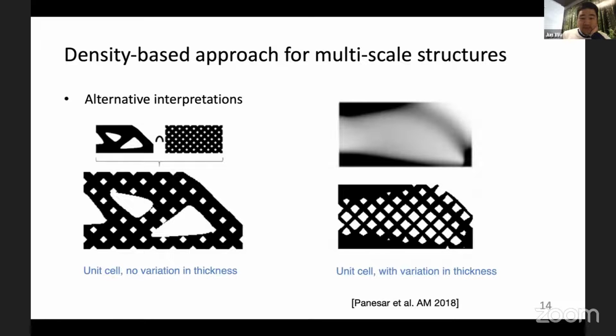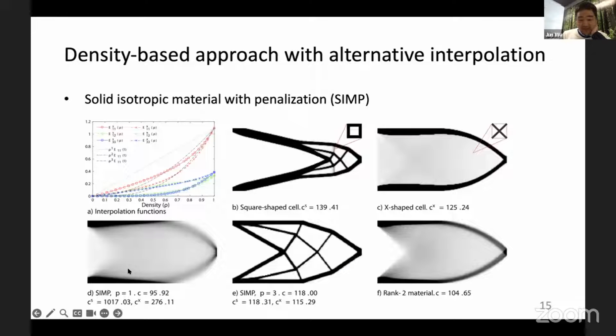So if we do a careful evaluation of different penalty values, in this comparison, the bottom middle is a standard density topology optimization with p equals 3, and we get a black and white structure.